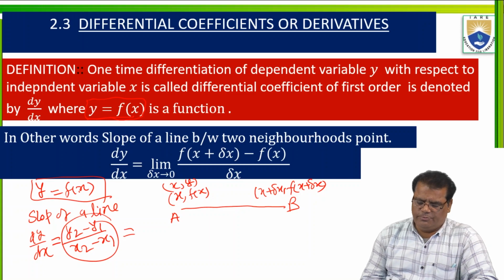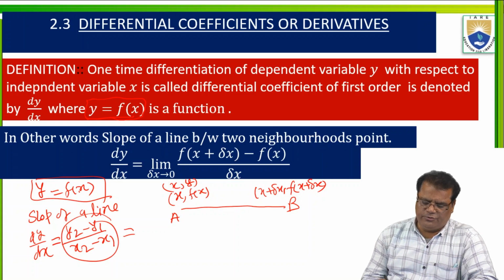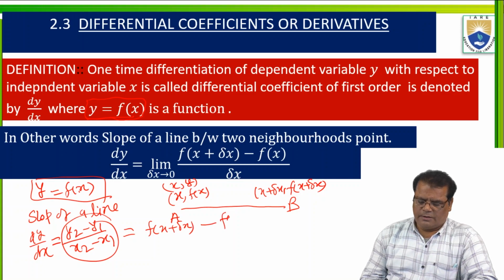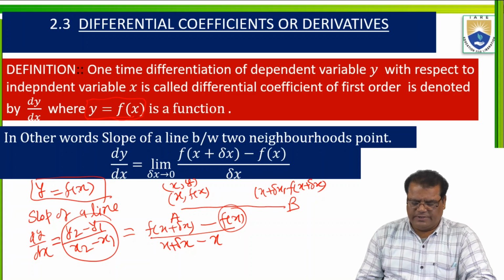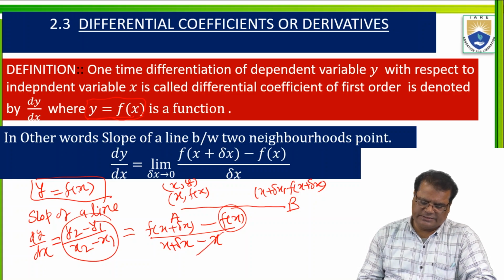So y2 minus y1: y2 is f(x plus delta x) and y1 is f(x). And x2 minus x1: x2 is x plus delta x and x1 is x, so x cancels.